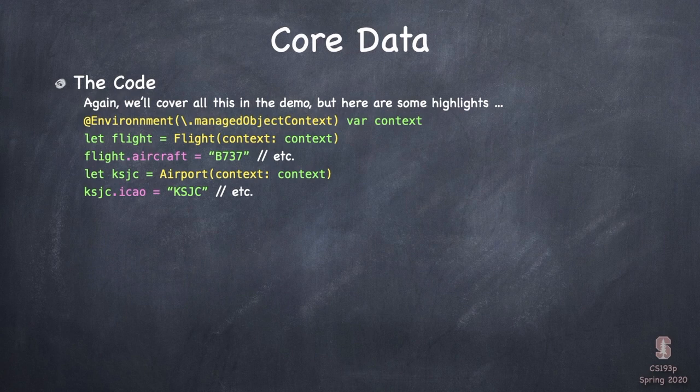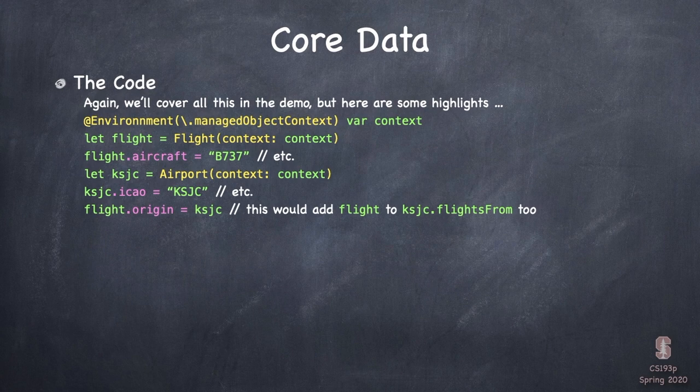And I can even do pretty powerful var setting. If I set the flight's origin to KSJC, because KSJC is an airport and the origin is a var of type airport, then that sets that relationship. And that will also affect the opposite relationship: KSJC's flightsFrom will automatically get the flight added to it.